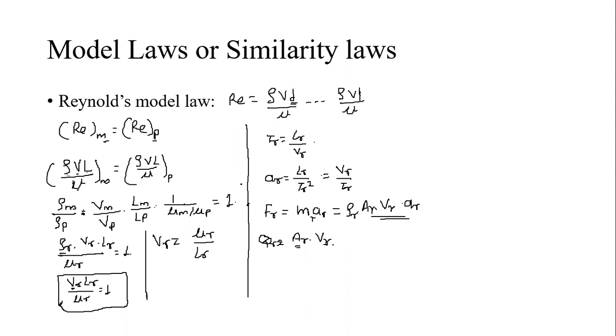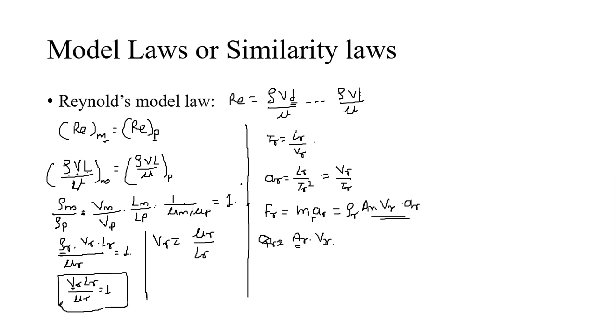This is about the Reynolds model law. That is, whenever we need to prepare the model of a structure which is submerged under water, or the water is under pressure, or the flowing fluid is an incompressible pipe flow, then we need to go for the Reynolds model law.